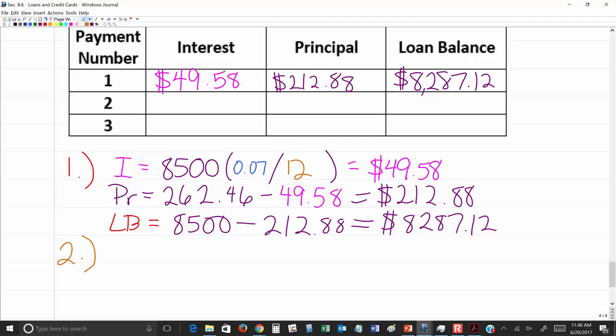So for payment number 2, you take the previous balance, which is $8,287.12, and again, you multiply it by R over N. And that gives you the amount of interest that you're paying the second month.